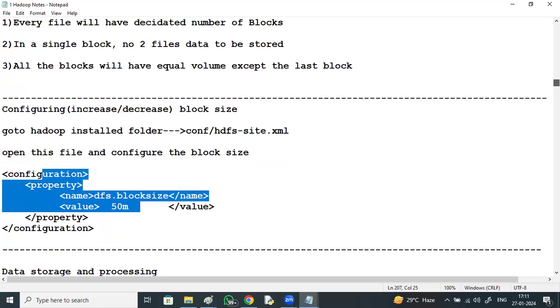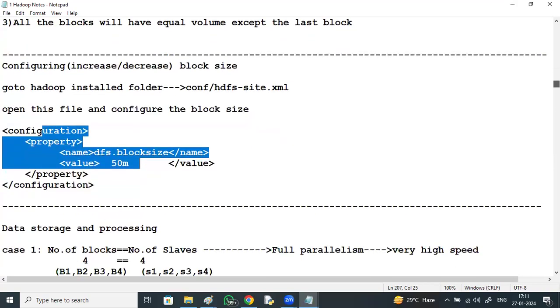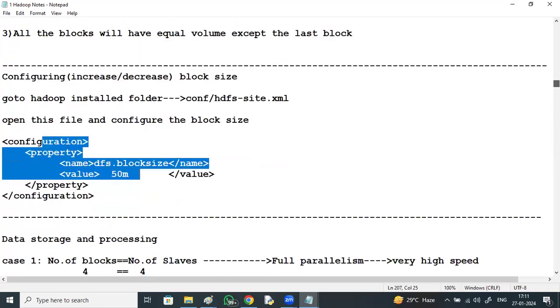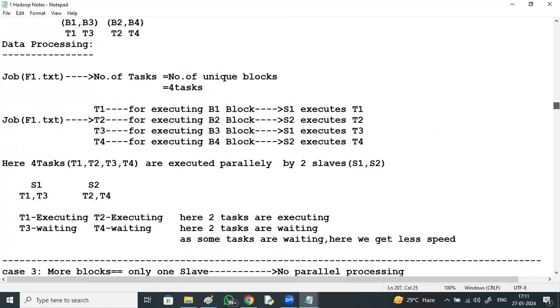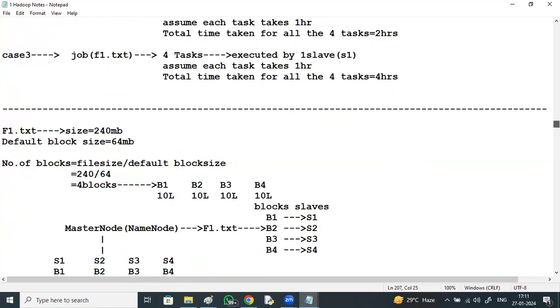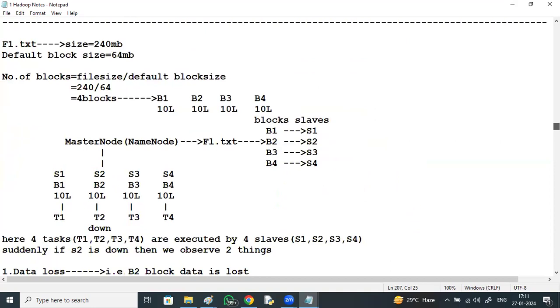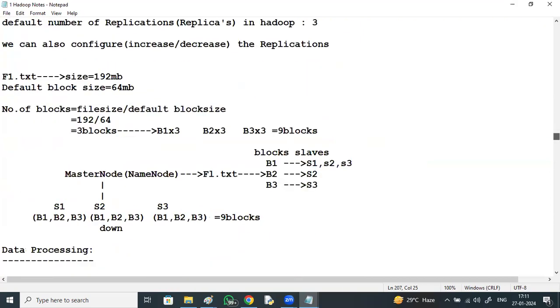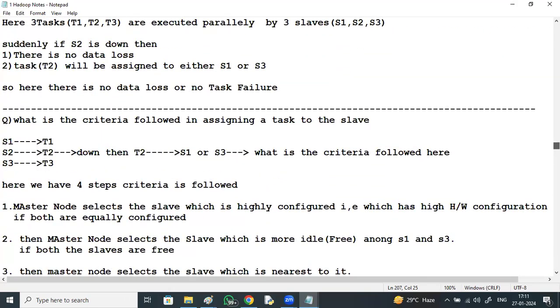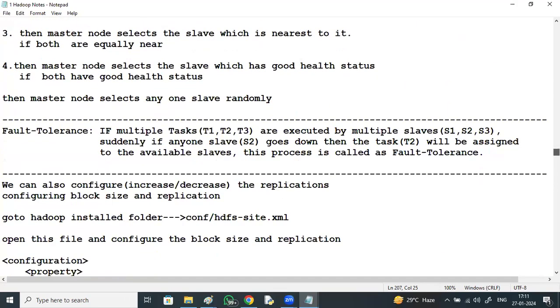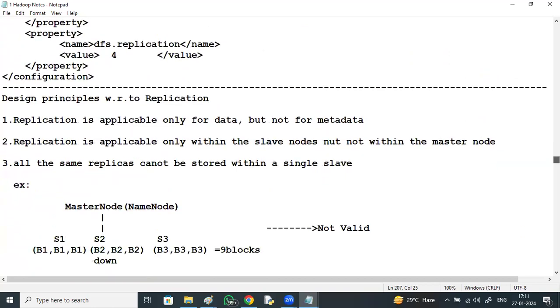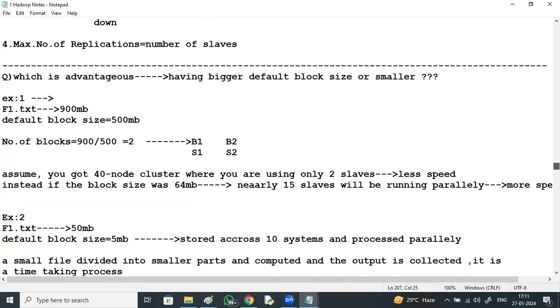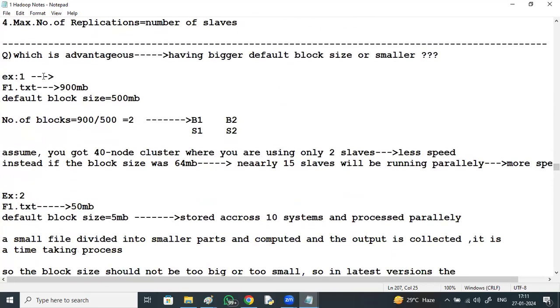Data storage and processing. Just now some query was asked, right? What is advantageous?